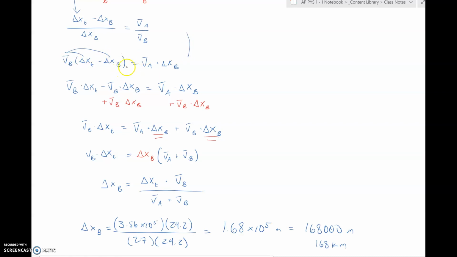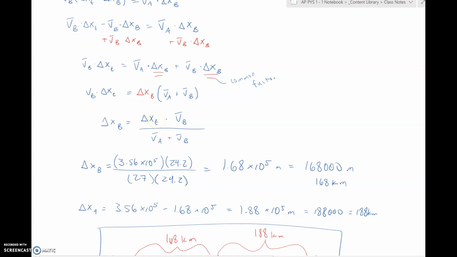Then we're going to move this term right here over to the other side, which is going to allow us then to find a common factor, right? This is a common factor. And once we take out that common factor of delta x B, we can divide all this out, and we see that delta x B is equal to this.